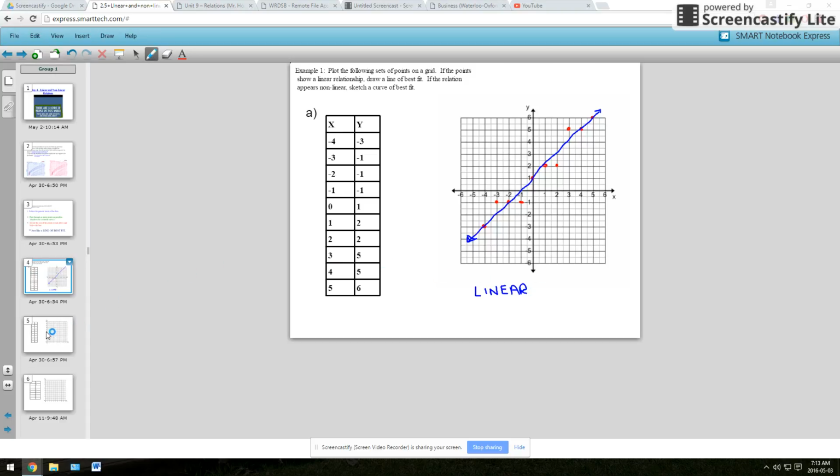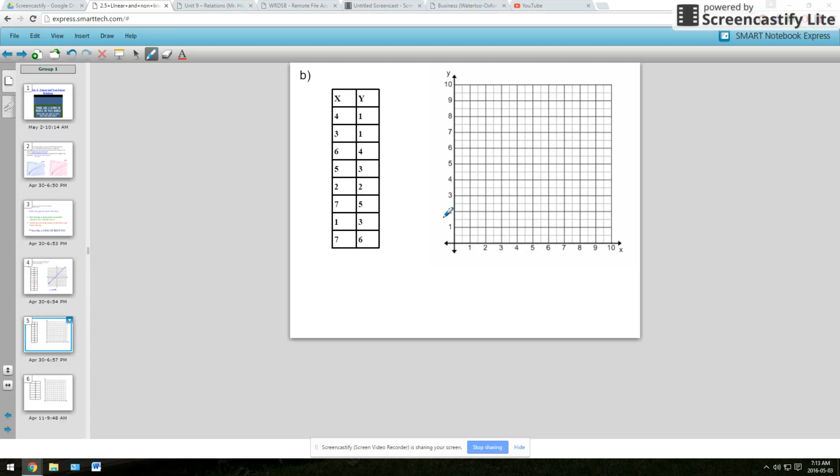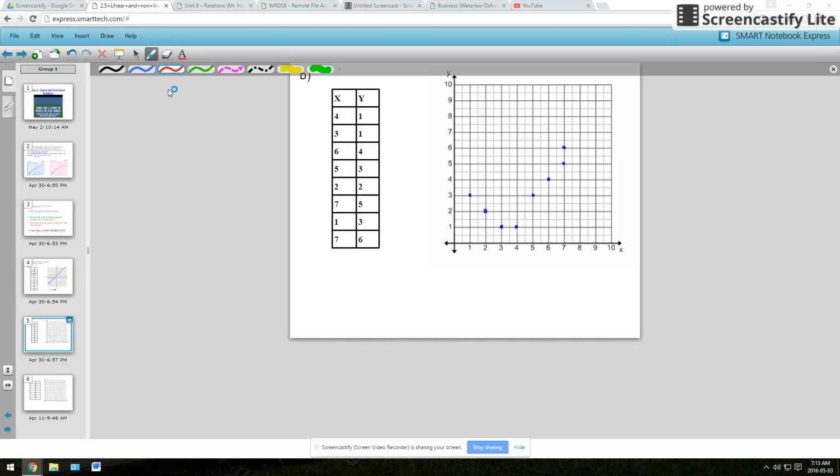All right, let's do example 2. So again, let's plot the points. All right, so this one appears to be non-linear, I would say.